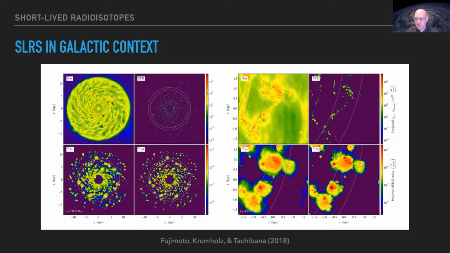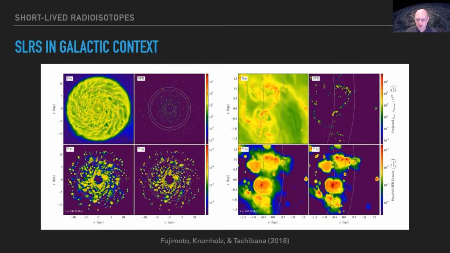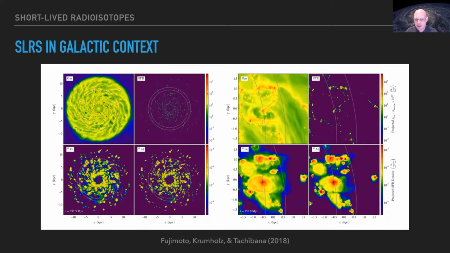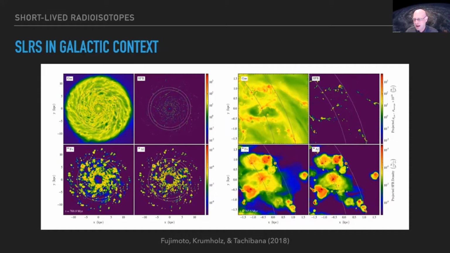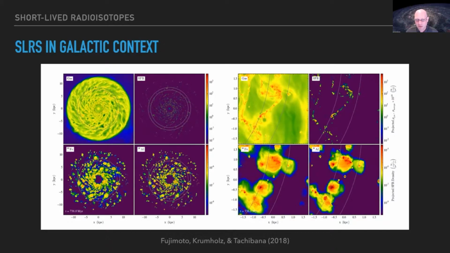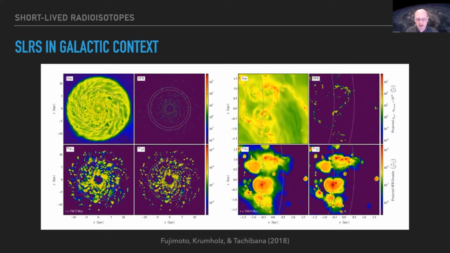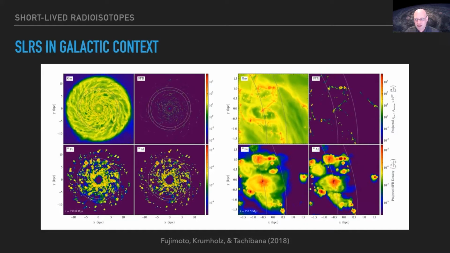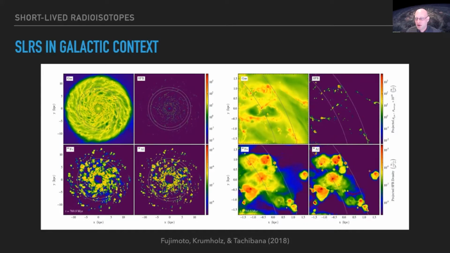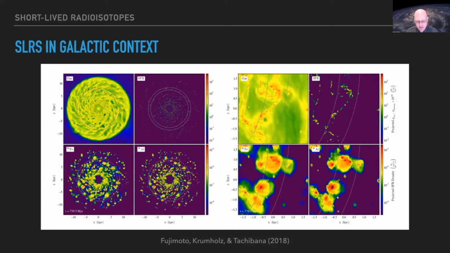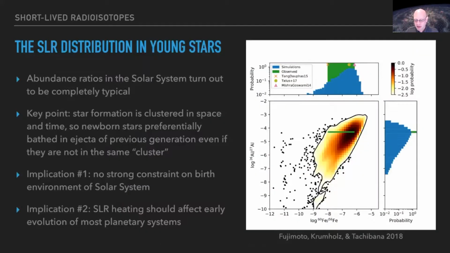Now, in this simulation, because star formation has followed itself consistently, we can just extract all of the stars forming at about 8 kiloparsecs from the galactic center, about where the sun is, and ask, what's the distribution of iron-60 and aluminum-26 in these young stars? So here's the answer.